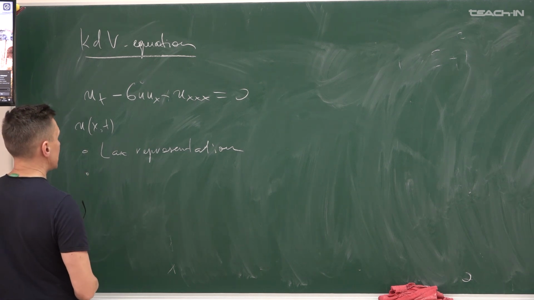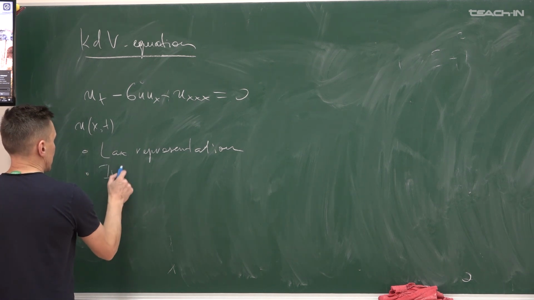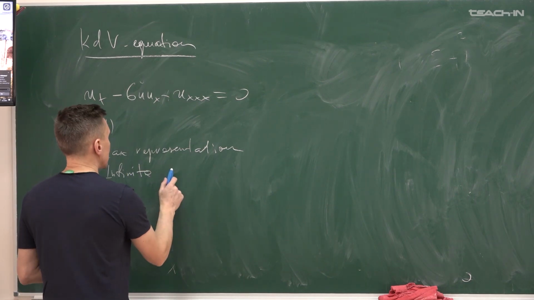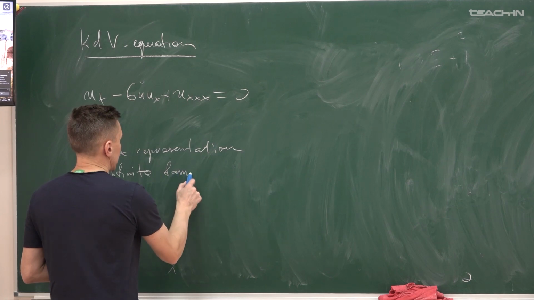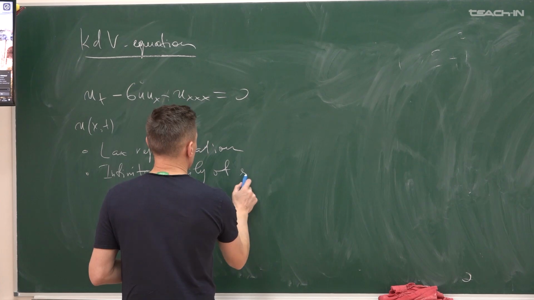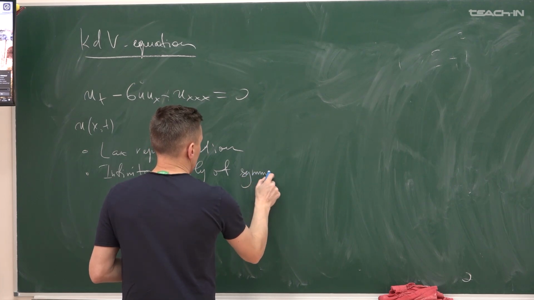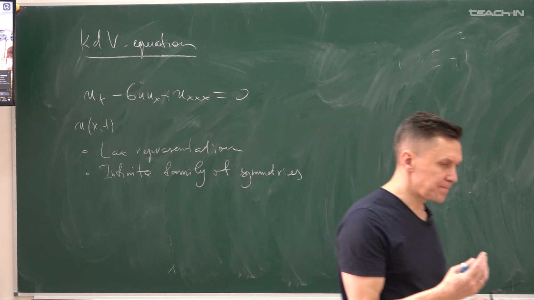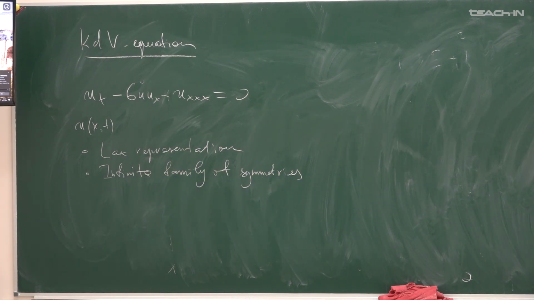It has an infinite family of symmetries. It means that there is a whole hierarchy of flows on the space of functions which commute with this flow.